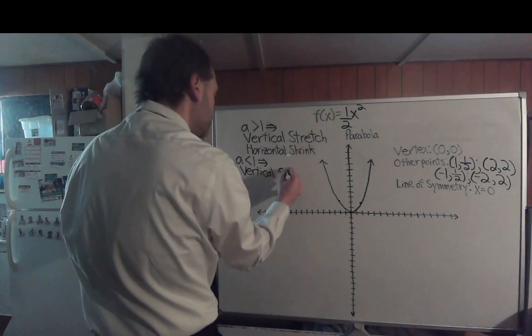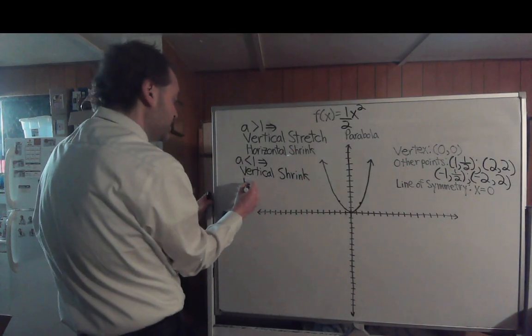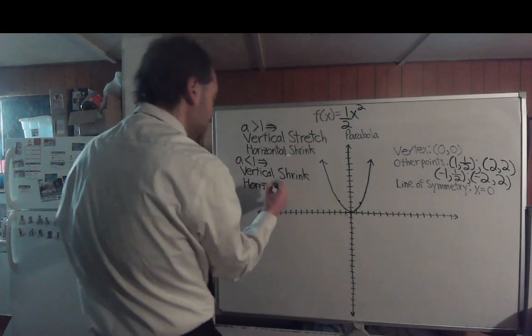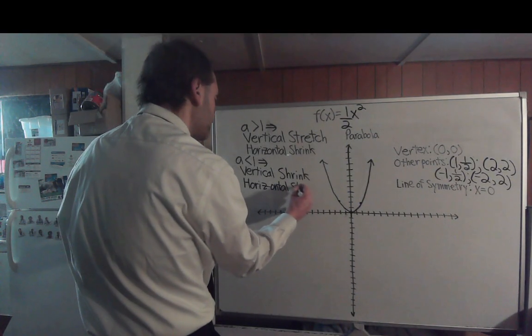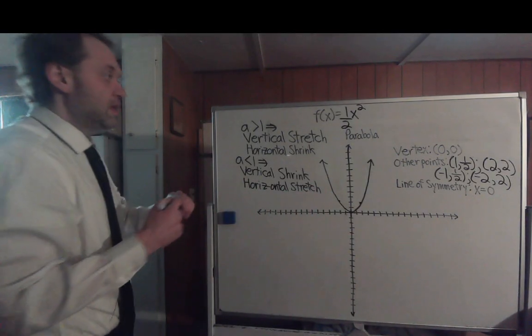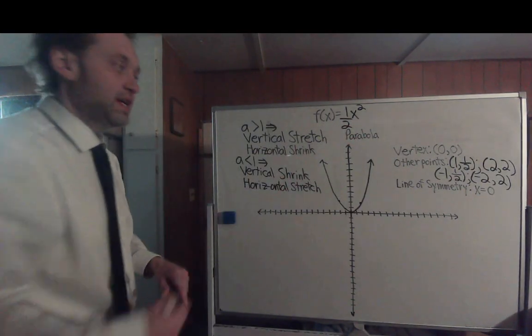This is a vertical shrink, which would be a horizontal stretch. It's more stretched horizontally at that point. So that's what happens when you have any coefficient other than 1 on the x squared.